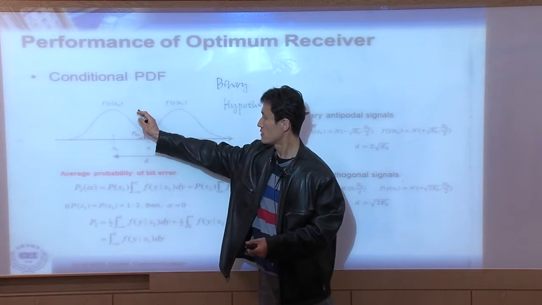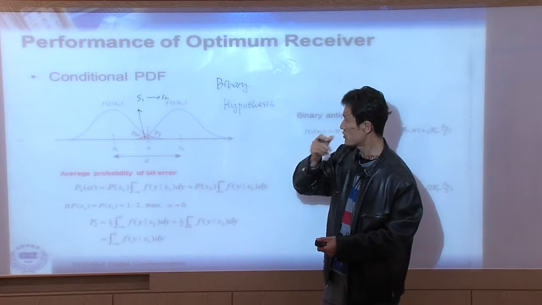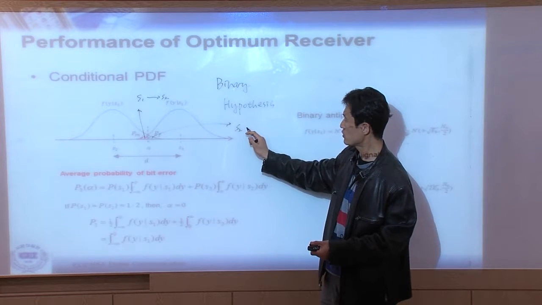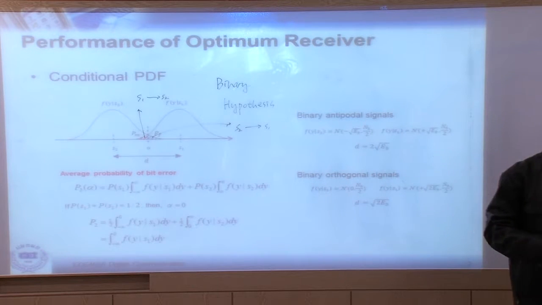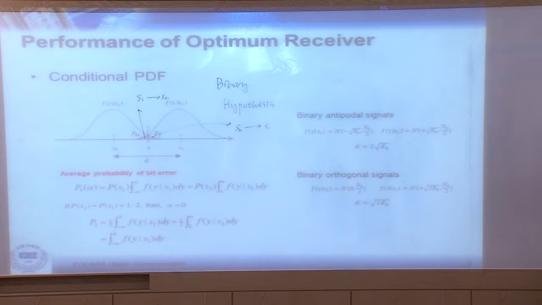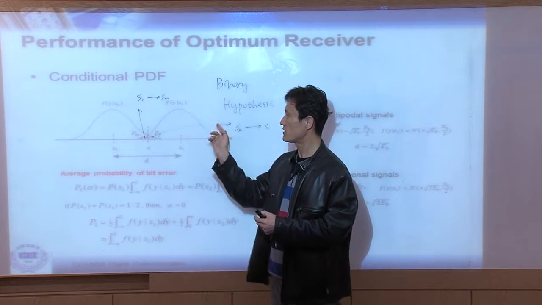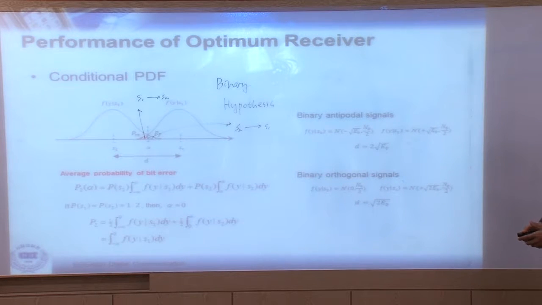The red part is S1 transmitted but received as S2. This blue area is S2 actually transmitted but received as S1. Both cases are error cases, and we want to find out the probability of these errors. That's what we're trying to do.